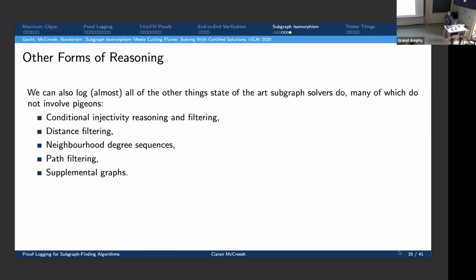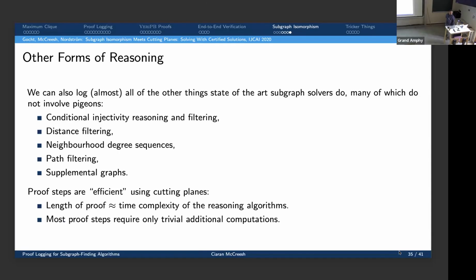All of the techniques in state-of-the-art subgraph solvers, with one minor disclaimer, can be efficiently justified using cutting planes reasoning. And this is a bit mysterious. By efficient, I mean the length of the proof is roughly the time complexity for reasoning algorithms, so we don't really have to do any additional computations to be able to spit the proofs out.